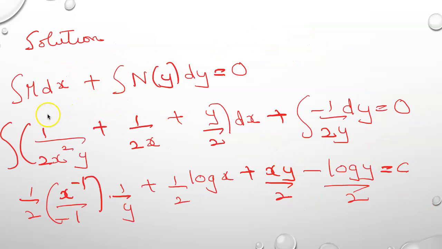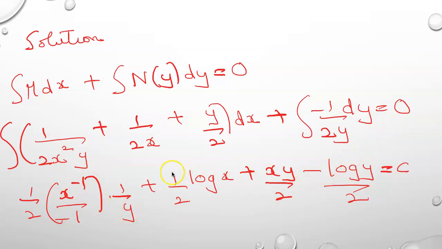So what is your solution? Integral M dx plus integral of N terms in y dy equal to 0. So you get integral of (1 by 2x squared y plus 1 by 2x plus y by 2) dx, which is M, and your N term is just minus 1 by 2y dy equal to 0.